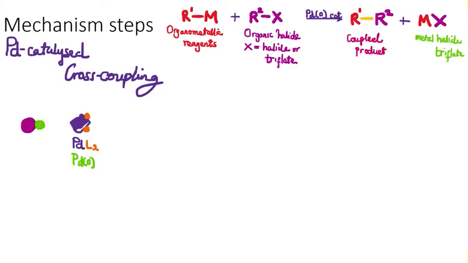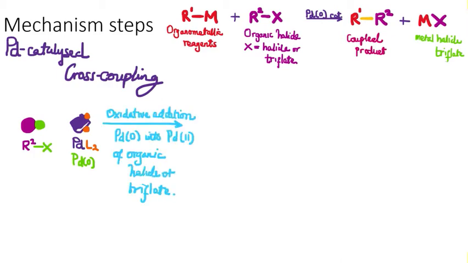We want to start off with the organohalide first, and the reason is to be able to increase the oxidation number of palladium from 0 to +2. Therefore, by a process called oxidative addition, we are able to achieve this motive, which is to create this active form of the complex.